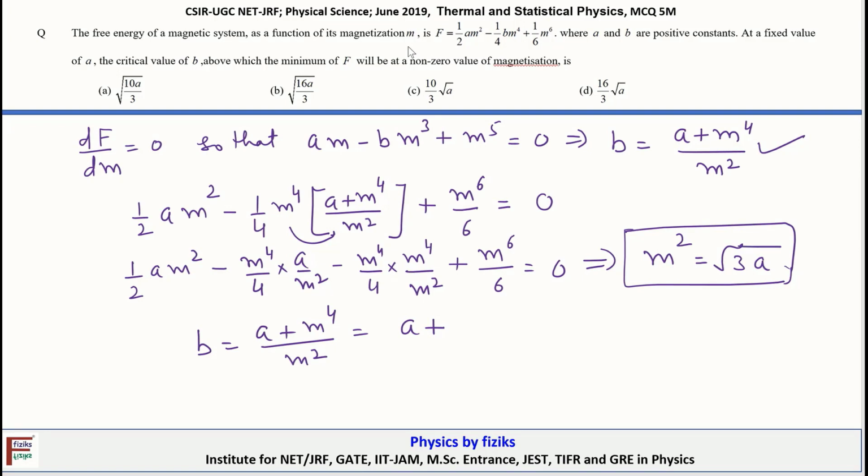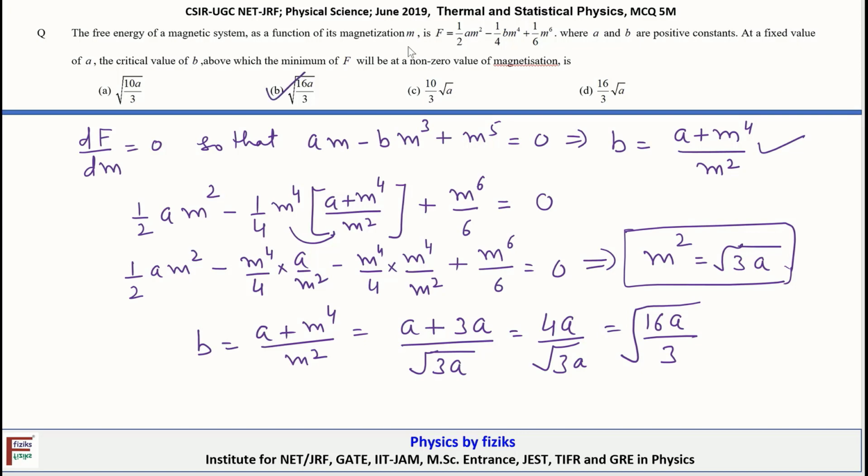It is under root 3A, so this is 3A divided by M square, which is under root 3A. So this gives us B equal to 4A divided by under root 3A, or this can be rewritten as 16A upon 3. Okay, so therefore if you take a look at the options which are given to us, the correct option is B here, 16A by 3.